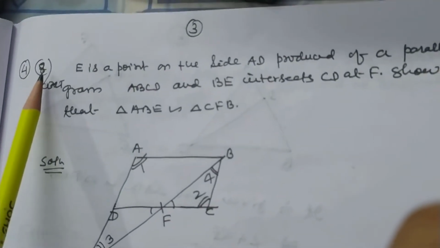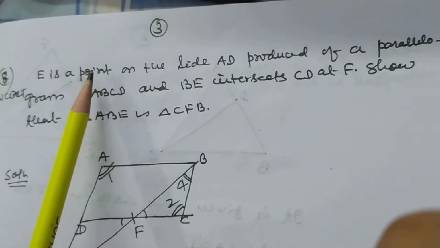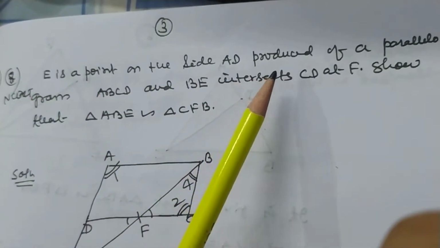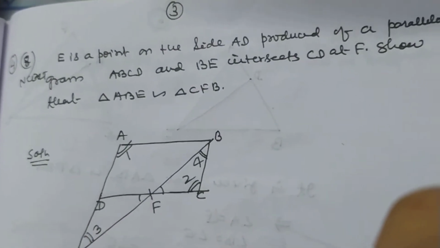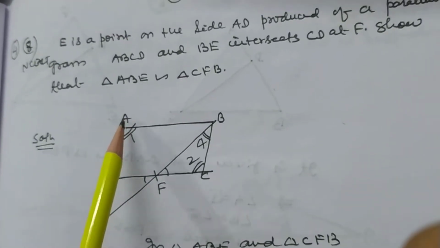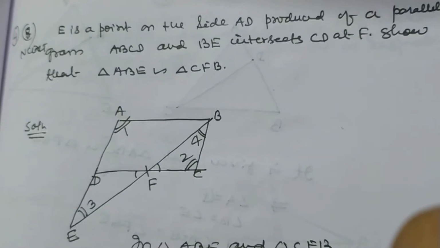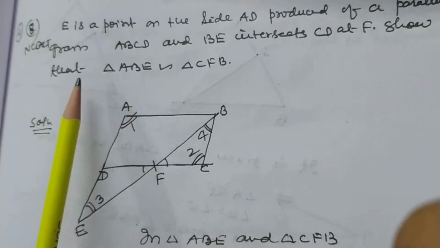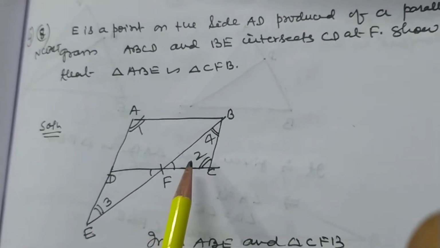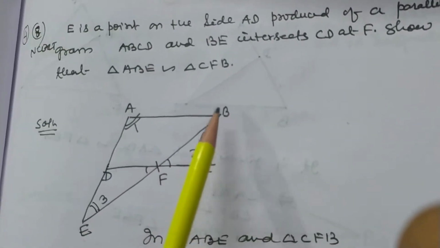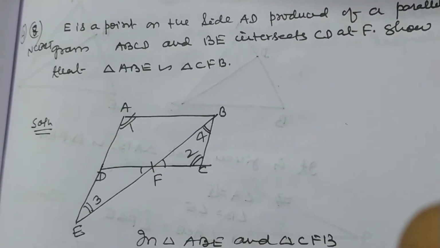8 of this book NCERT and 4 of this study material. E is a point on the side AD produced of a parallelogram ABCD and BE intersects CD at F, so that triangle ABE is similar to triangle CFB.